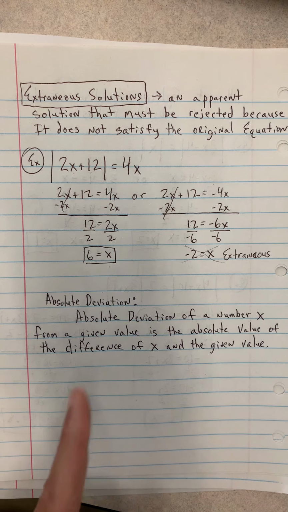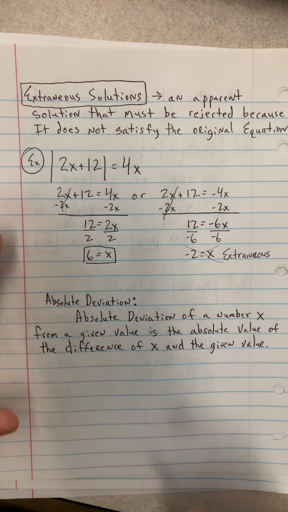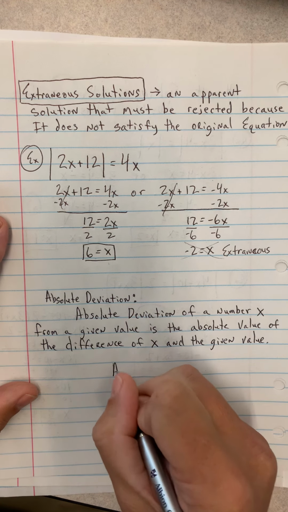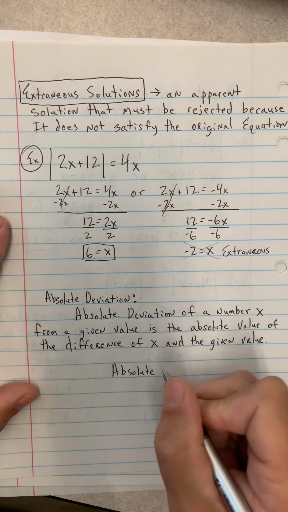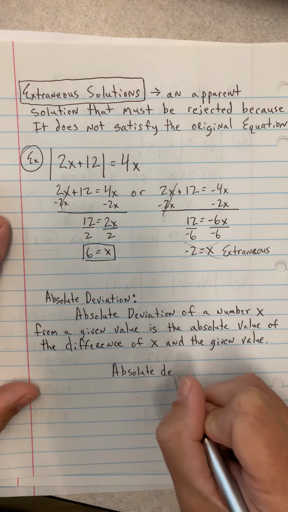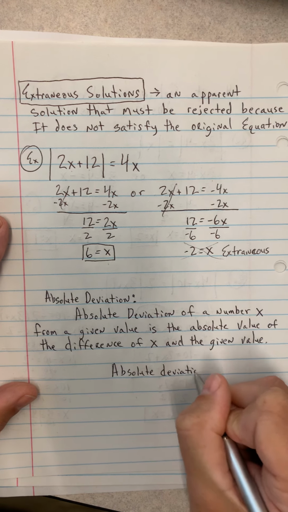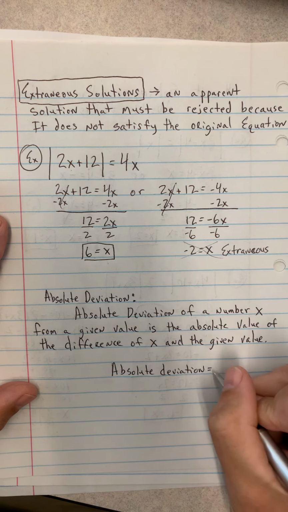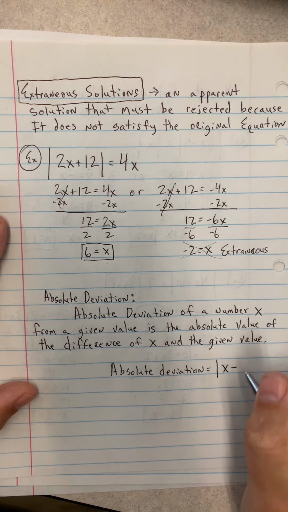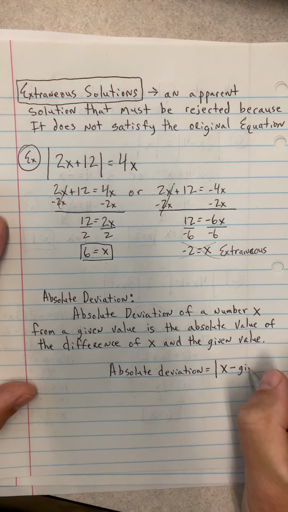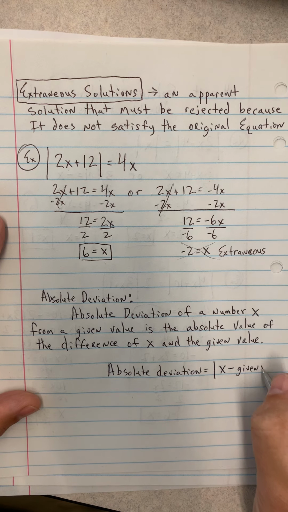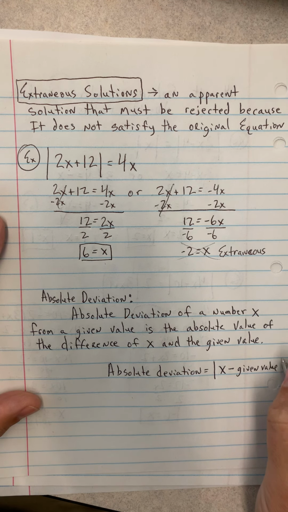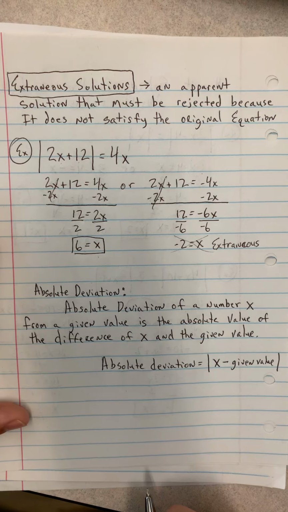If I just take this and take it apart and write it, it's going to look like this. Absolute deviation would equal the absolute value of x minus a given value. Whatever that given value is in the problem. That's what it equals.